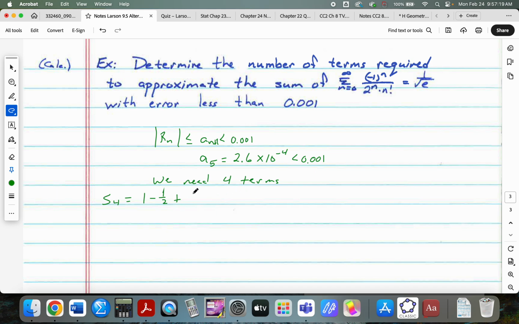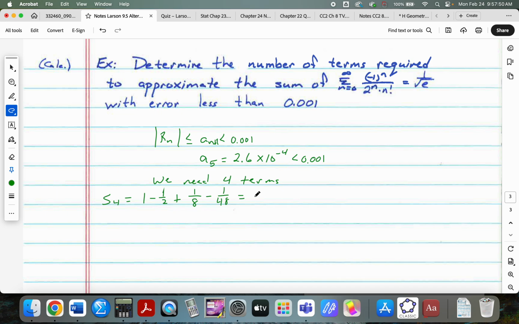plus, this will be 1 over 2. So that's going to be 4 times 2 is 1/8 minus 1 over, this is going to be 3, so that'll be 8 times 6 is 48.